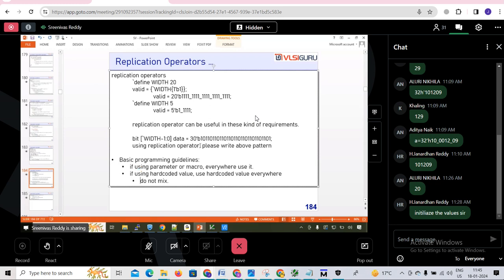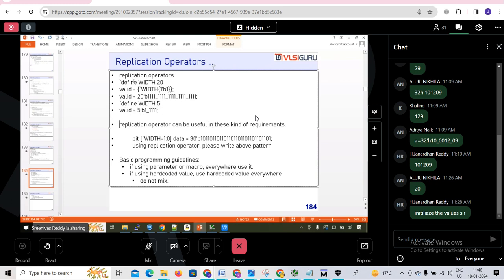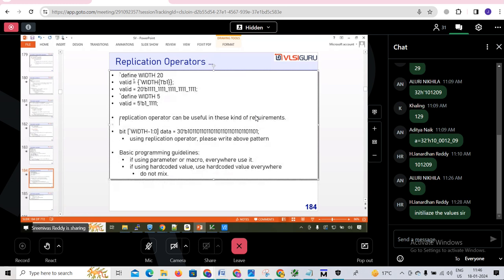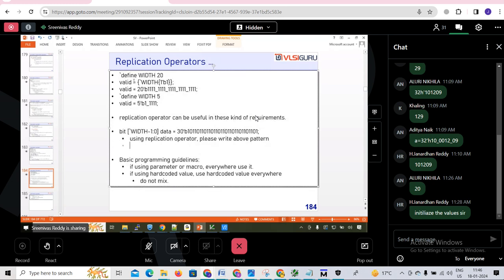So how to do that? Data equal to flower bracket.